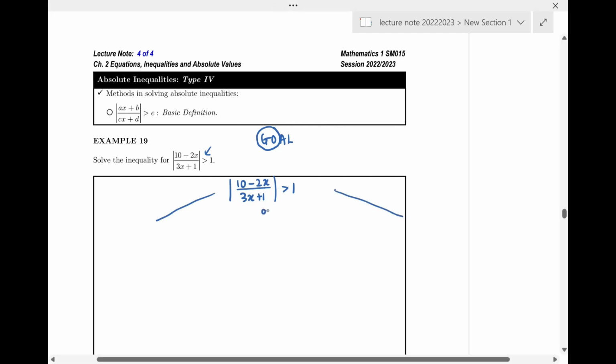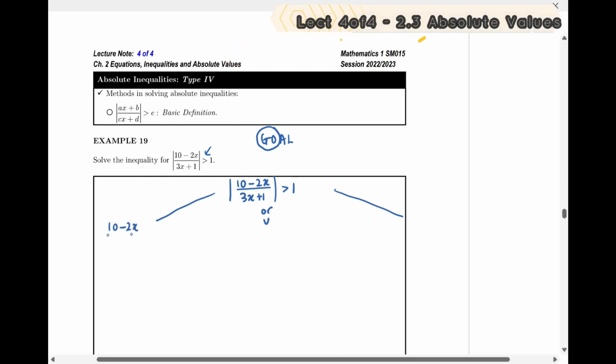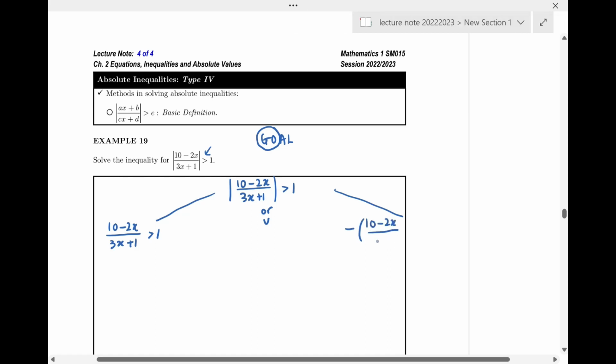I put or in the middle, or union. So the positive one: (10 minus 2x) over (3x plus 1) greater than 1. Another one, negative: (10 minus 2x) over (3x plus 1) greater than 1.